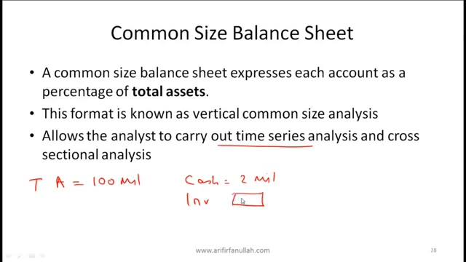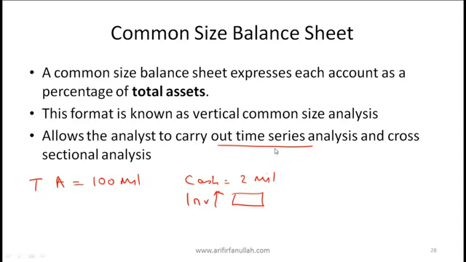But what we are interested in is whether we are carrying more inventory relative to our overall assets. So it might be that inventory is going up in absolute terms, but as a percentage of total assets, it is possible that inventory is going down, which means that we are becoming more efficient. So when we do an analysis over a period of time, that's called time series analysis.